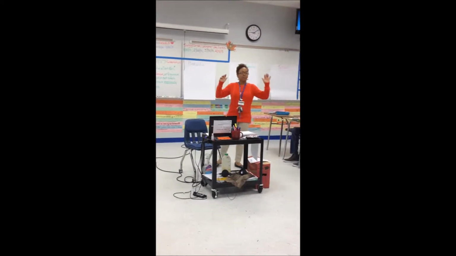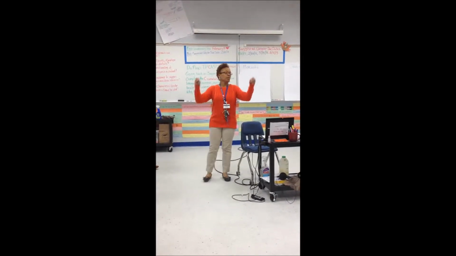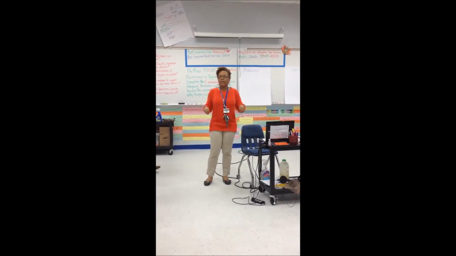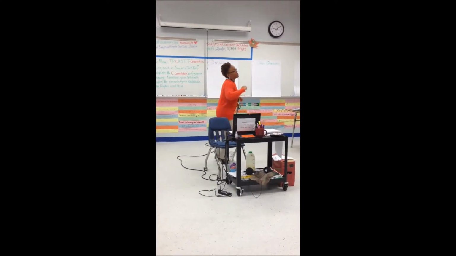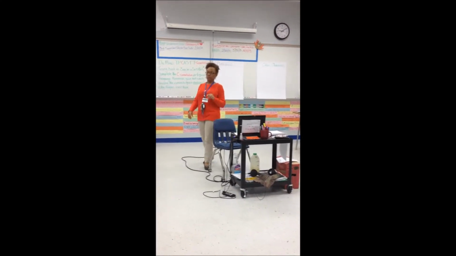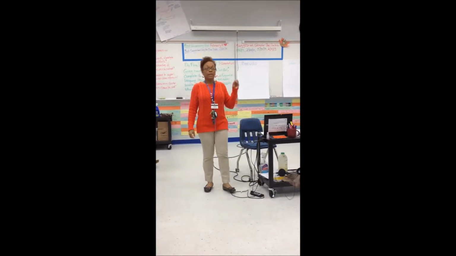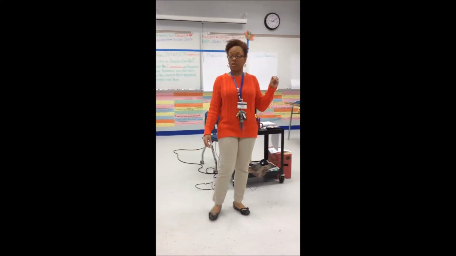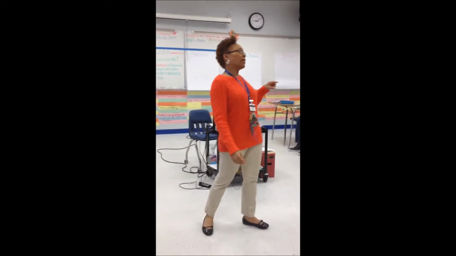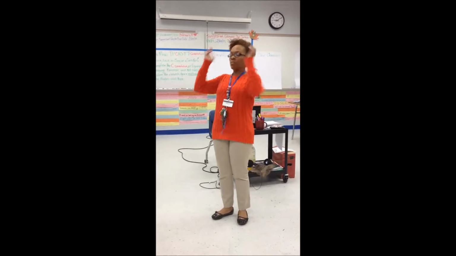Okay, so direct characterization is really simple. This is when the writer or the poet or the author tells you directly what this character is like. Okay, if I was going to directly characterize Corinne, I might tell you that Corinne is a beautiful and talented young lady who gets really sleepy when she comes to my class because she doesn't go to sleep at night, and I'm always having to stop her from yawning and making sure that she stays present.